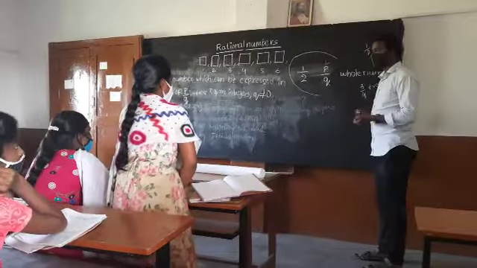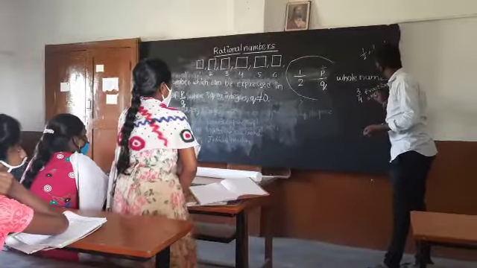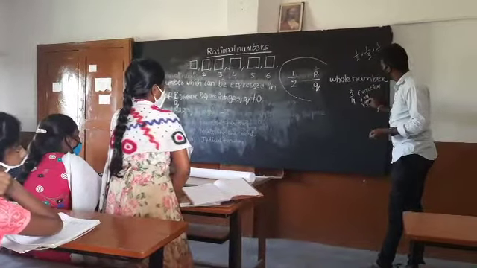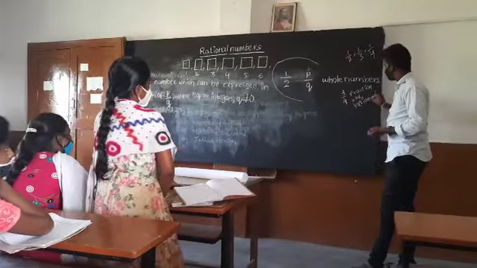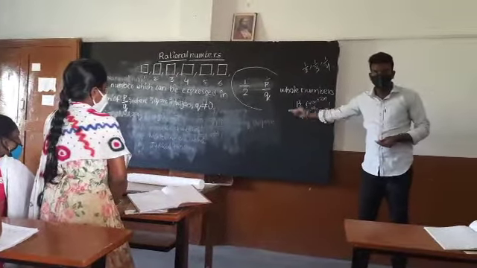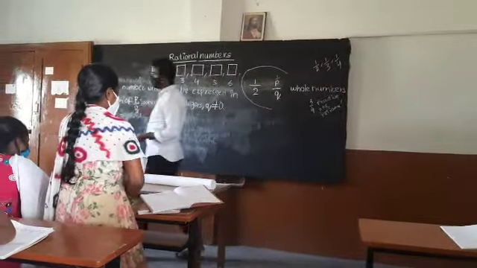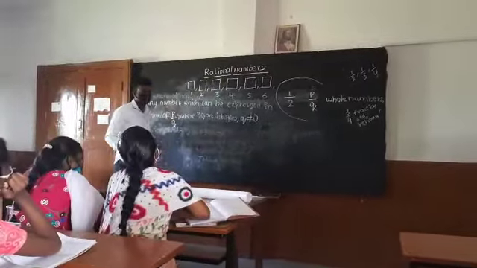So it is a fraction and it is a rational number also. All of you understood what a rational number means? Yes, sir. Half of our rational number definition is over.